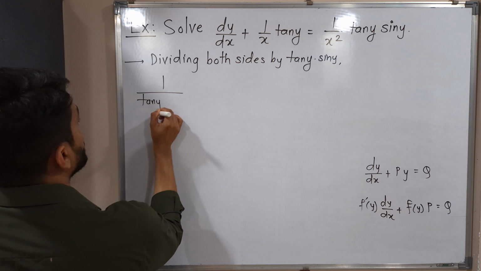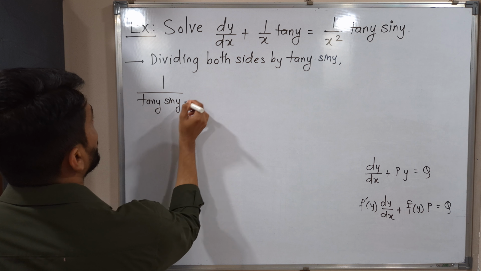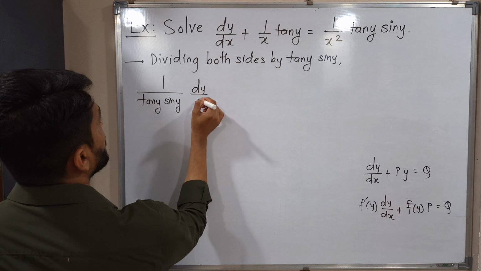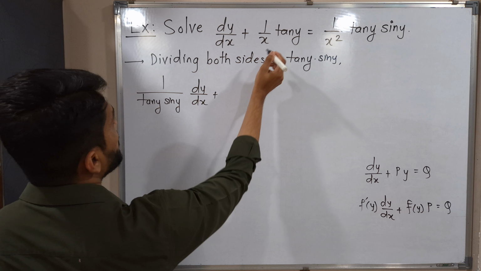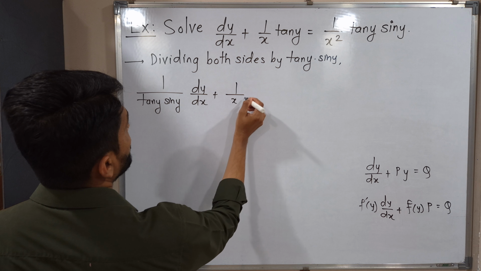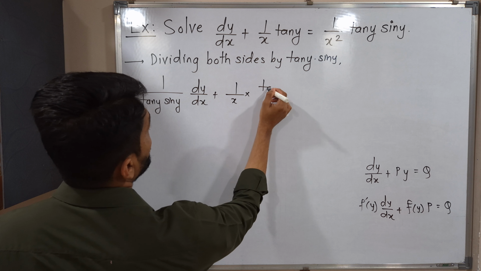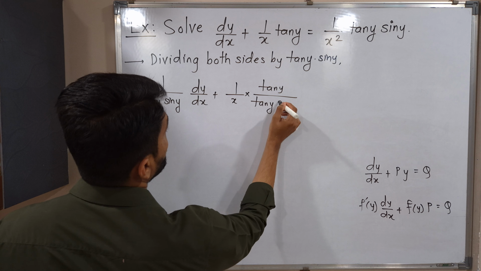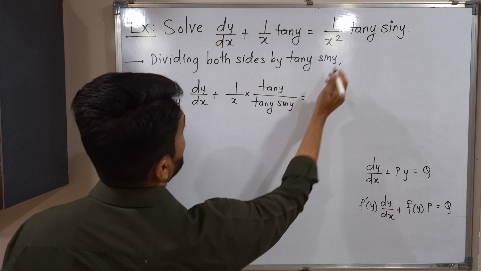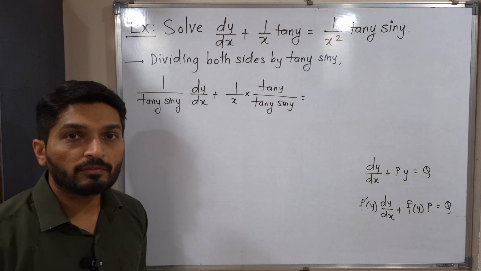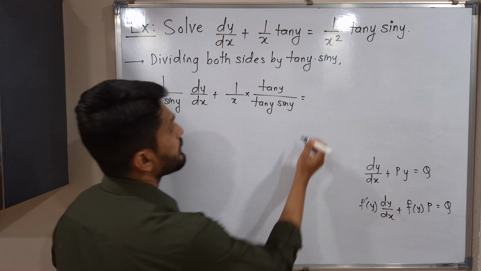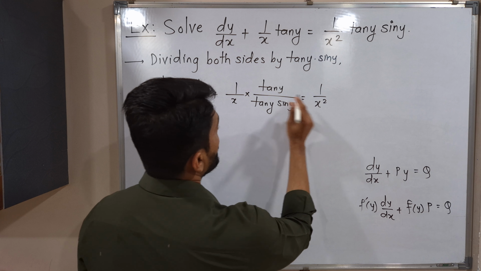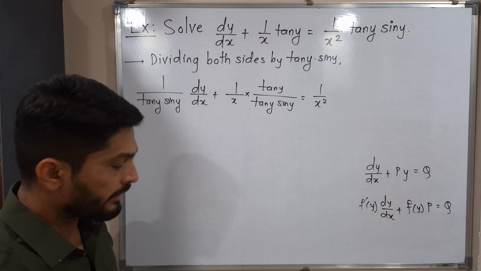So I will write separately tan y sin y dy by dx. The middle term should be divided by that tan y sin y. So it is tan y upon tan y sin y. And if you divide the right hand side by tan y sin y, it will get cancelled and simply we will have 1 upon x square. So here also tan y will get cancelled.